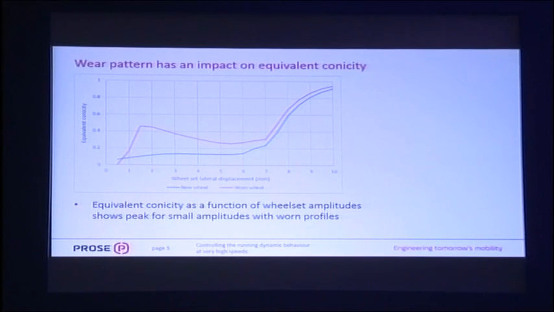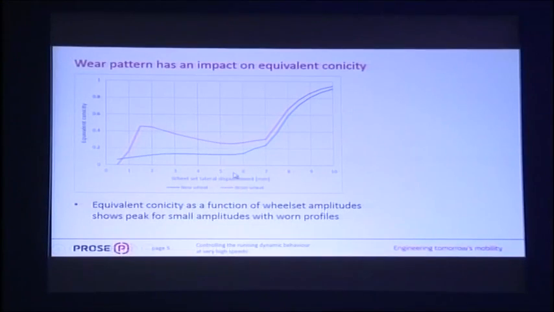So now this wear pattern has an impact on the equivalent conicity. For very small amplitudes, you see a high equivalent conicity. Here on the x-axis you have the lateral displacement, and here you have the equivalent conicity.